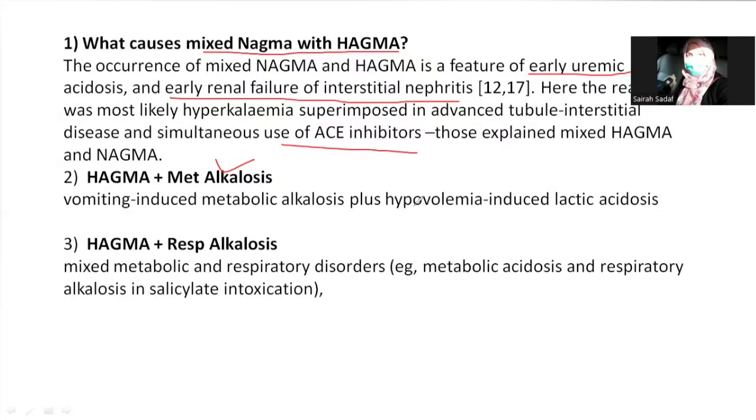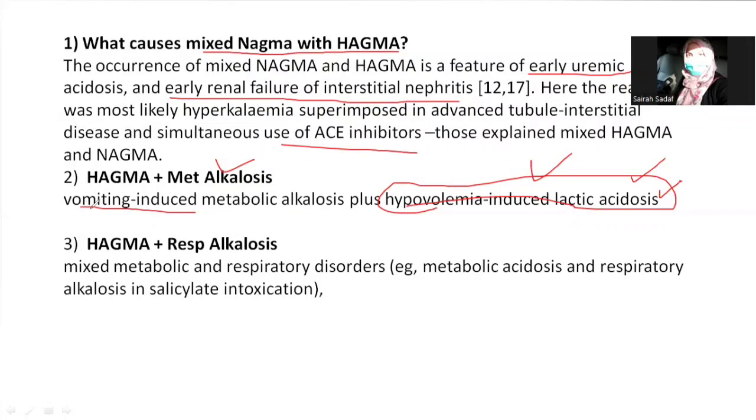Like in the case of hypovolemia-induced lactic acidosis, one type of shock. The patient is in shock and the cause of shock is excessive vomiting, so the patient is in hypovolemia and there will be lactic acid production in the body, which will lead to HAGMA.